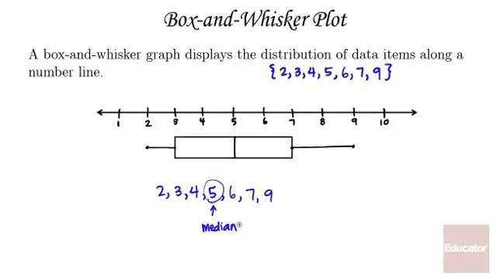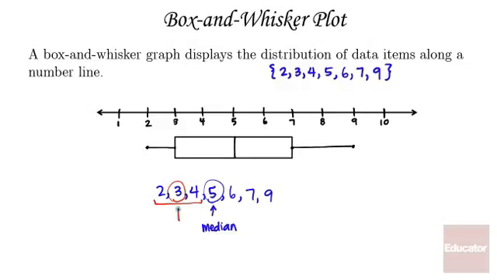Now, not including the median, on the lower group of numbers, the smaller group of numbers, I want to look for the median again. Just from those 3 numbers, the middle number is going to be 3, right?